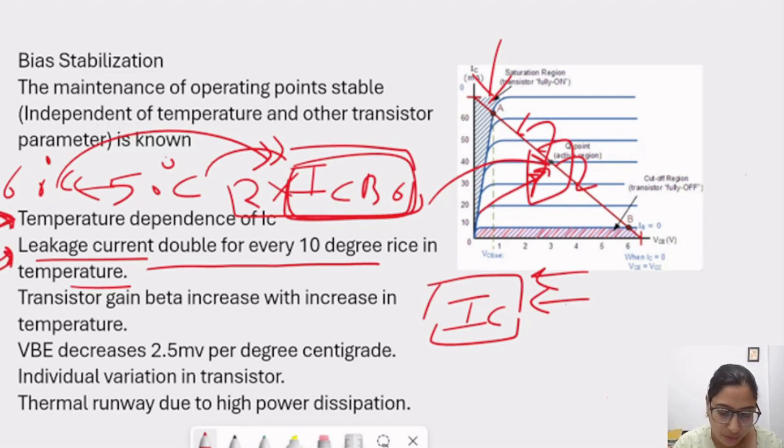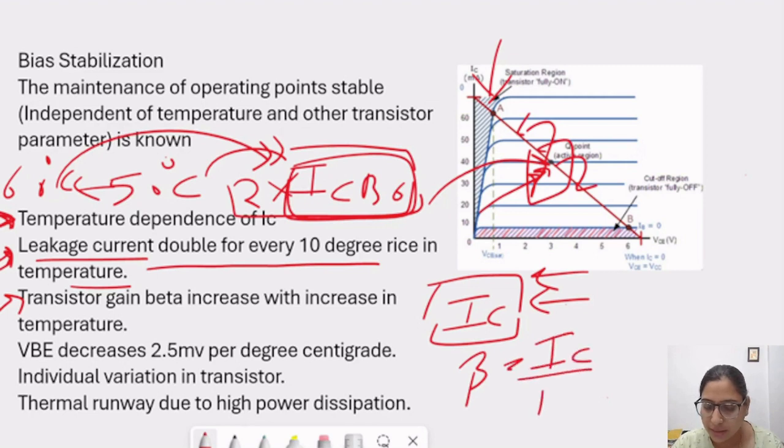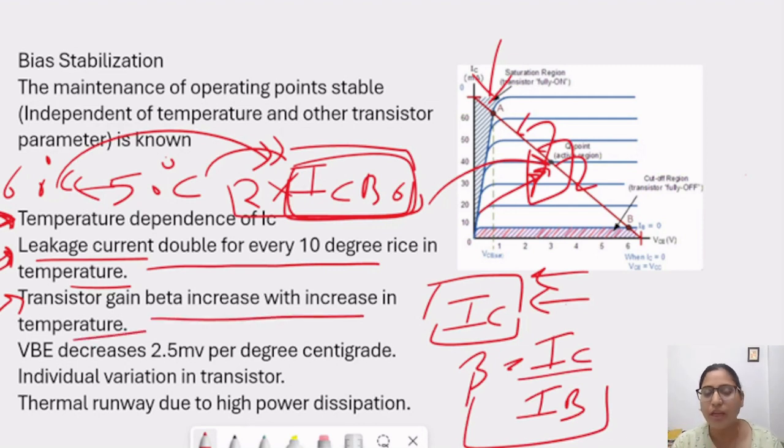Now the third one is transistor gain beta. We know that beta is nothing but the transistor gain, which is IC upon IB. So beta increases with increase in temperature. If beta is changing, it means the operating point will also shift. Now VBE, which is nothing but the base emitter biasing voltage, decreases 2.5 millivolt per degree centigrade.